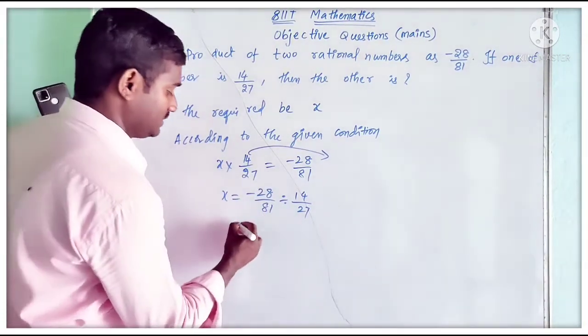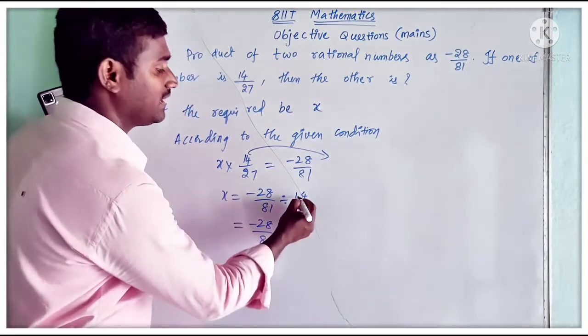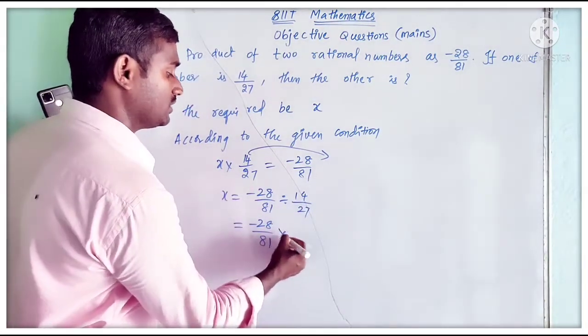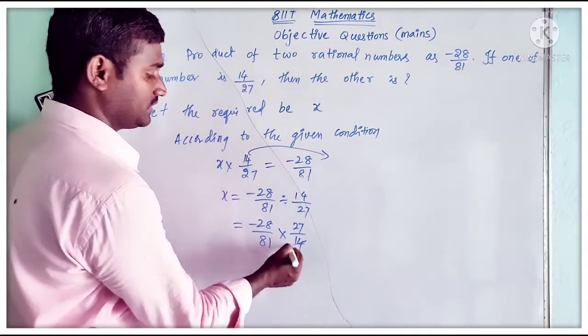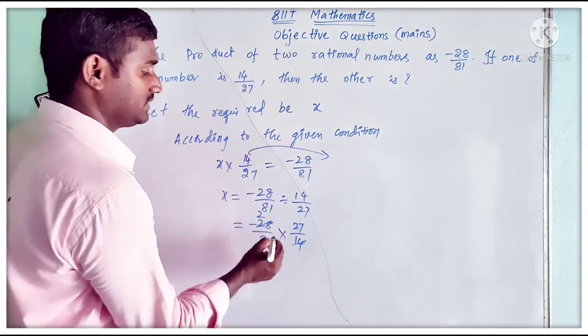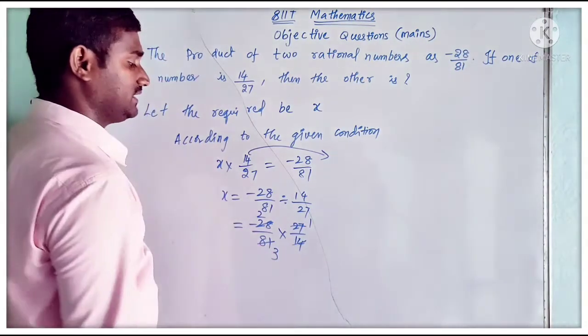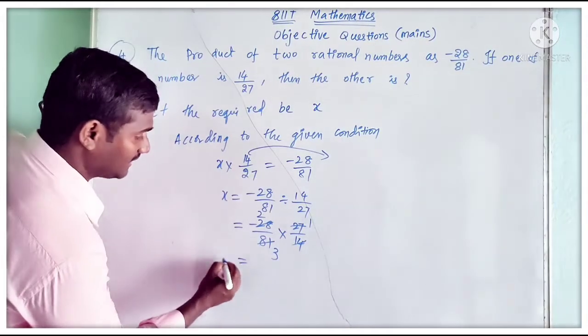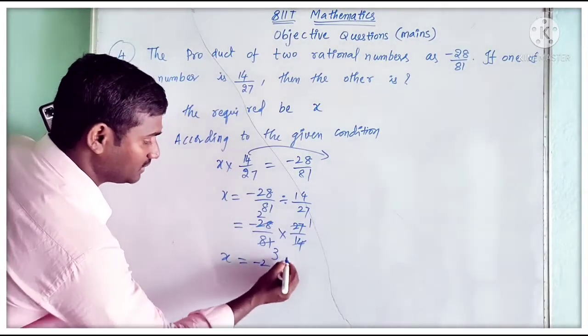Then it is minus 28 by 81 times the reciprocal of 14 by 27, which is 27 by 14. 14 twos are 28, 27 threes are 81. So x equal to minus 2 into 1, 1 into 3.